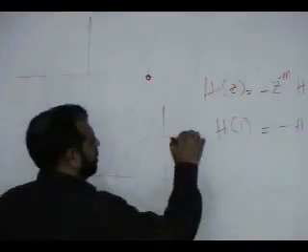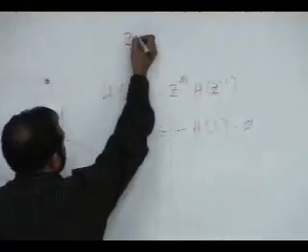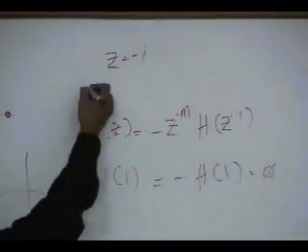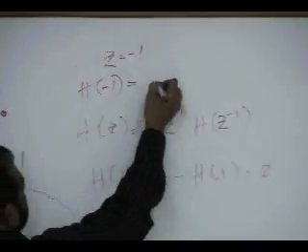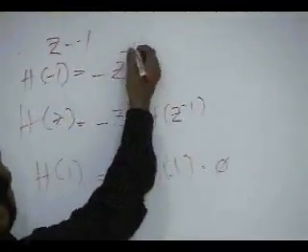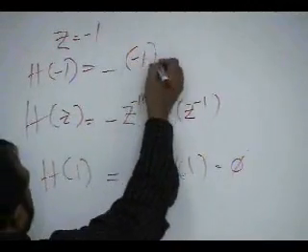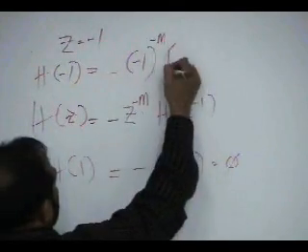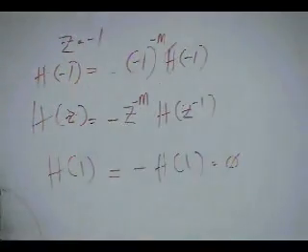Now let's see about z equal to minus 1. What do you get? H(minus 1) is equal to minus (minus 1) raised to the power minus m times H(minus 1).